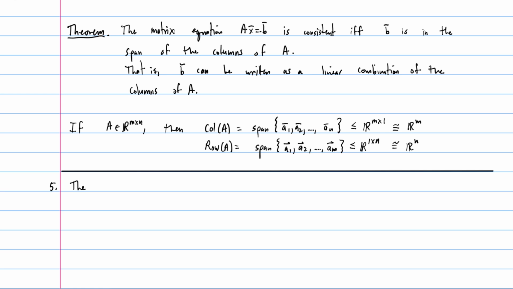Okay, so let me write it this way. Let A equal a_ij. Suppose this is a matrix in R^(m by n), so again, it has m rows and n columns.